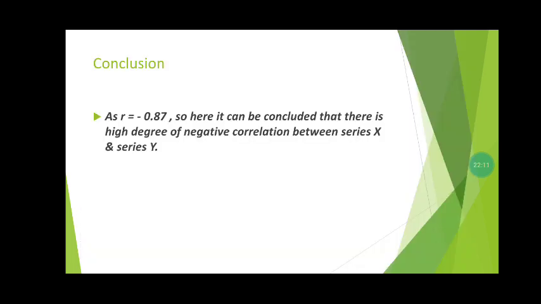Now what's going to be the next step? Next step would be the conclusion. So what's the conclusion? As the value of R is equal to minus 0.87, it can be concluded that there is a high degree of negative correlation between series X and series Y, because when the value comes negative, there is negative correlation, and when the value comes between minus 0.75 and minus 1, we consider that there is a high degree of correlation between the given variables.